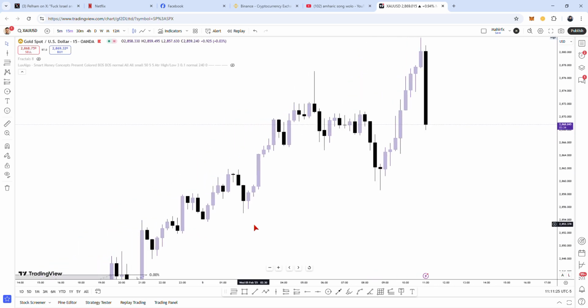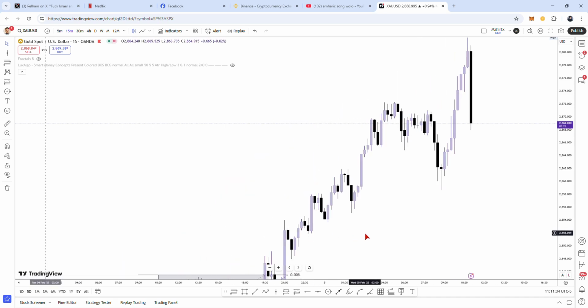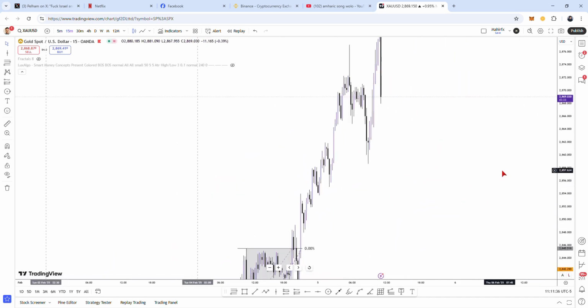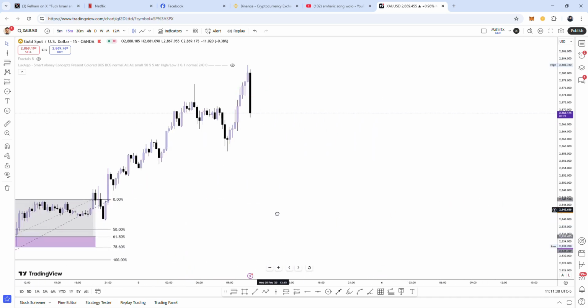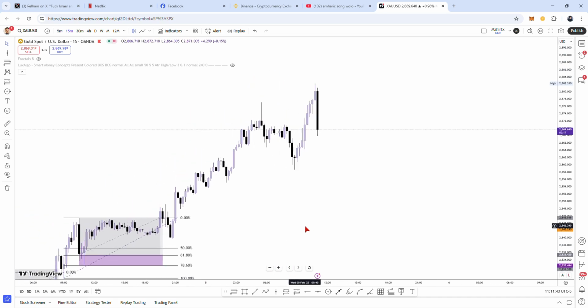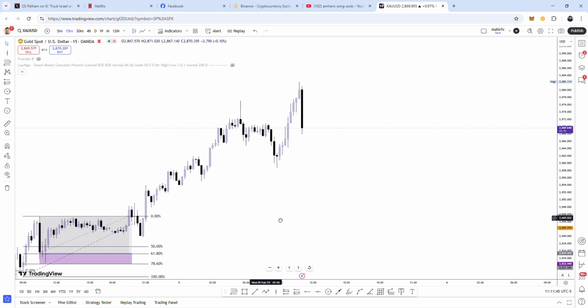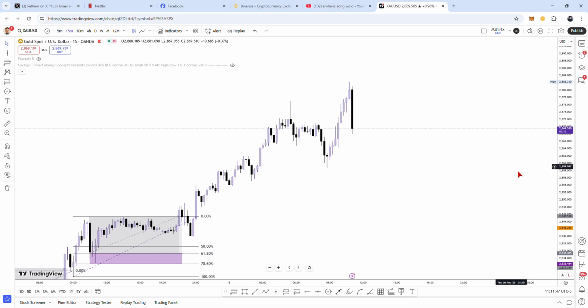So from here, I have to mark the swing low and the swing high. In my case, I'm going to mark the latest swing low, which caused this one.